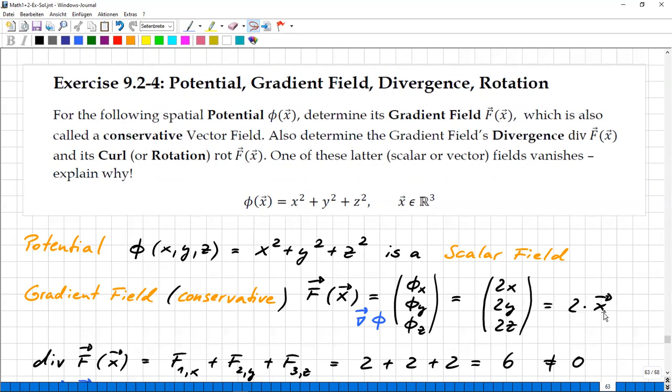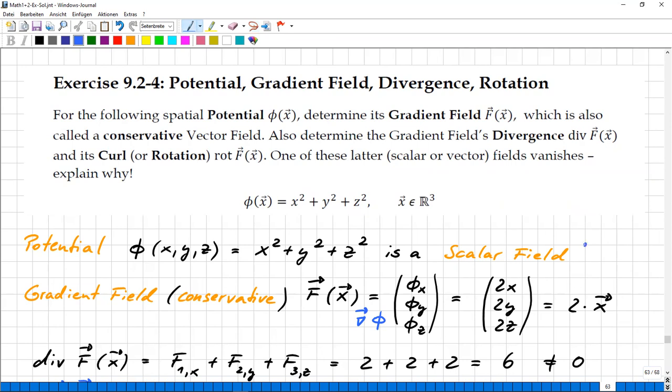2 times the vector which points from the origin to this point in space. But remember, this is a vector field. So this vector is the corresponding, let's say, force vector to be constructed in this point in space, away from the origin. So it's parallel to the radius vector itself. Let's just make a little sketch.